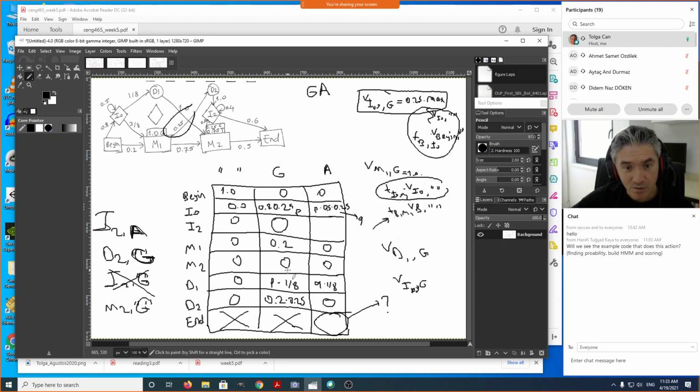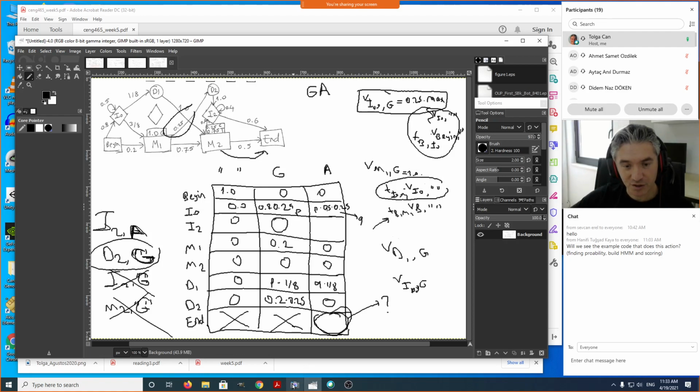Oh, sorry, M2G was zero, right? So it's not possible either. So the only possible path becomes this one. Whatever this probability is, you're going to multiply it with 0.25 and with the transition probability 1.0, D2 to I2, and you write it like this. And the final thing, you compare which probabilities are larger.